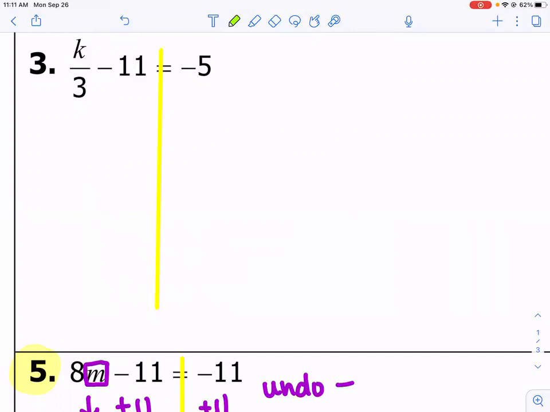Since 3 is being divided, is it closer to K than the 11 that's being subtracted? So reverse PEMDAS, we're going to take care of the subtraction first, then we'll reverse to the division. Okay, so the first thing we need to undo is that subtraction of the 11.